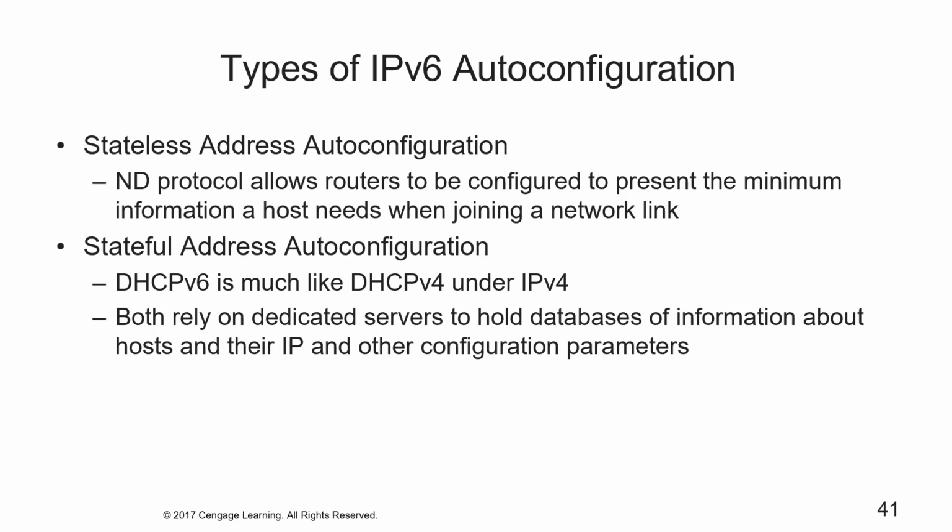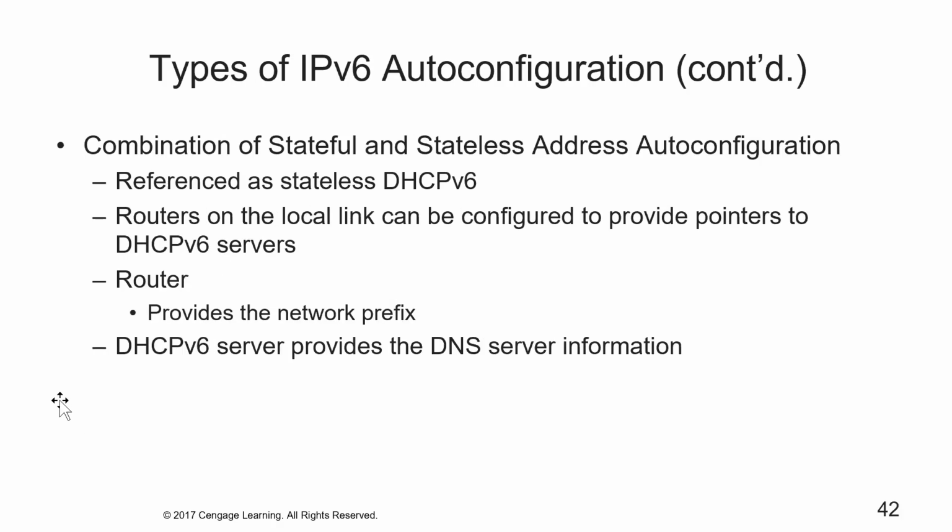In stateful auto-configuration, the router is configured with its A flag set to off and its M flag set to on. That informs the host to obtain its IPv6 address from a DHCPv6 server. You can also combine stateful and stateless address auto-configuration.